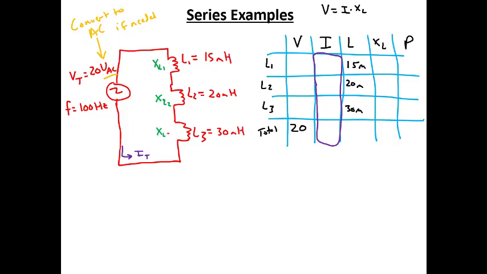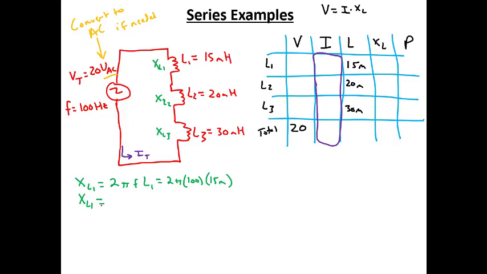XL2, and XL3. So X sub L1 is going to equal 2 times pi times the frequency times L1. So that would be 2 pi times 100 times 15 milli. So X sub L1, let's punch that into our calculators.